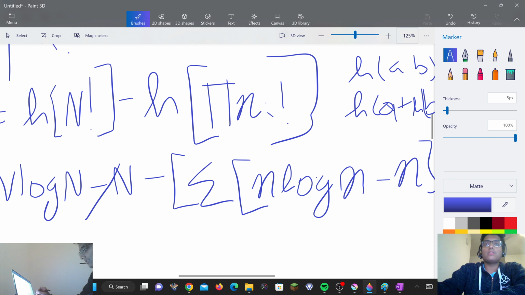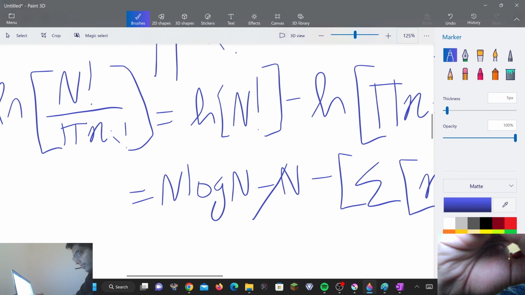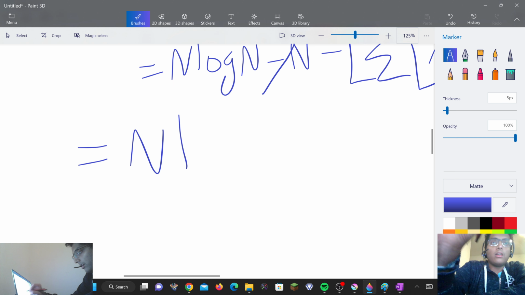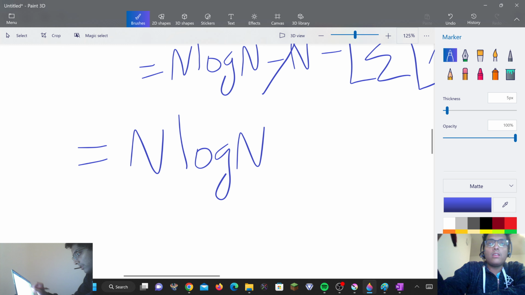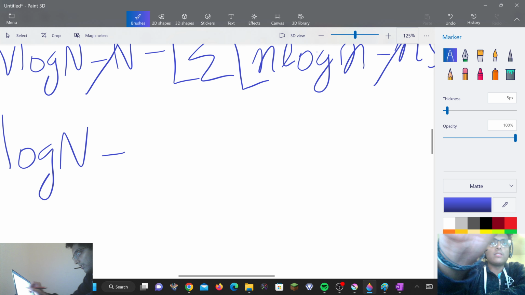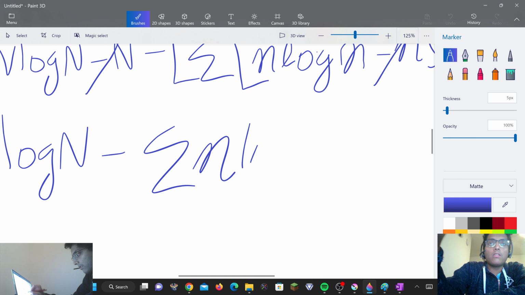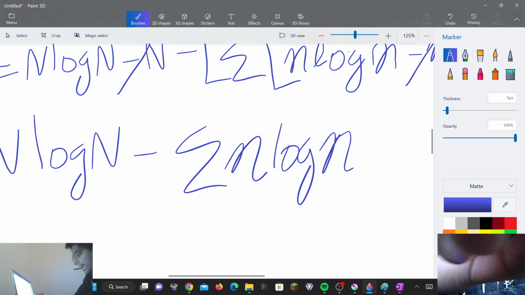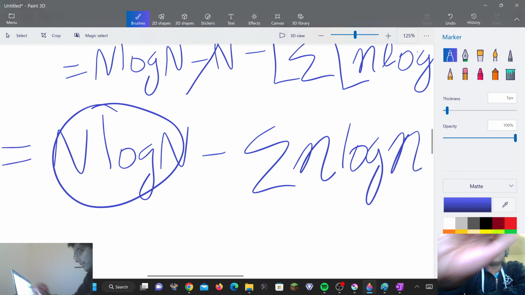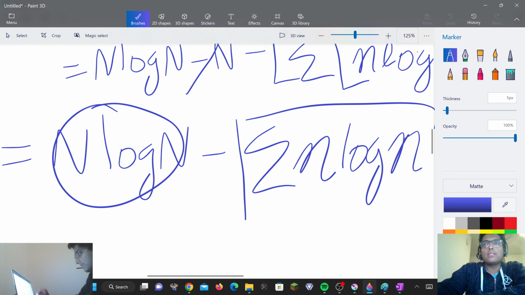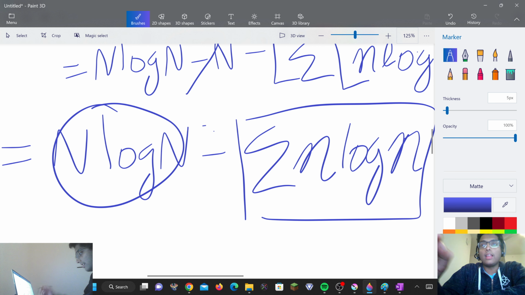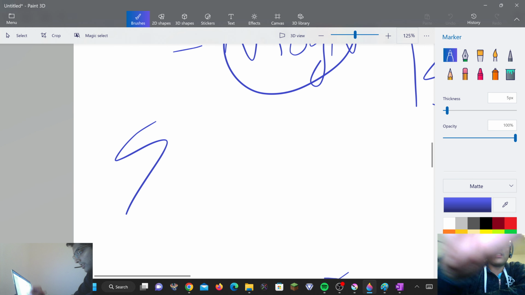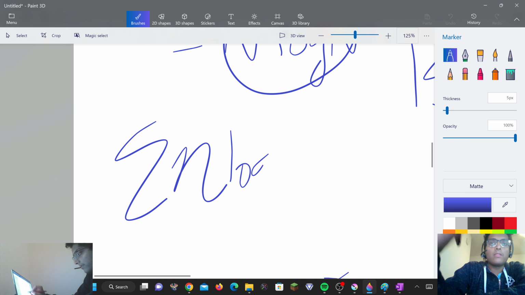So these two terms can cancel, and then you get n ln n minus the summation of n_i ln n_i, right? And essentially here, this n ln n is a constant. So what we want to do is maximize this, or minimize the summation of n_i ln n_i.